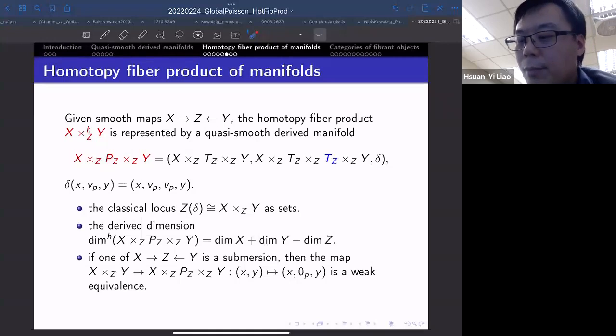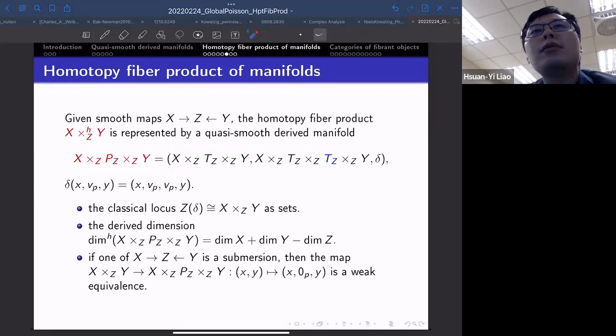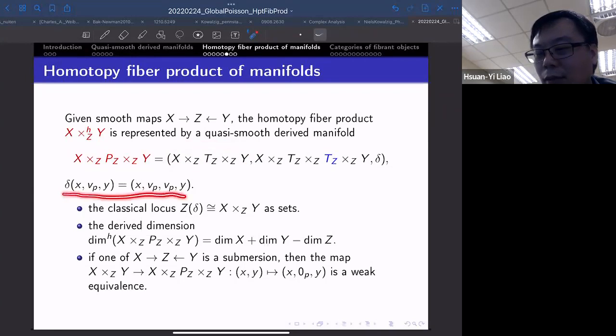So both of them are submersions. So this part becomes a smooth manifold, and then with a submersion from this space to Z, the whole fiber product is still a smooth manifold. And the total space is just some vector bundle with the tangent space as fiber. And the section is a kind of obvious section.